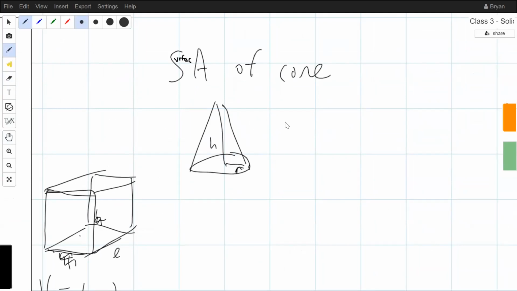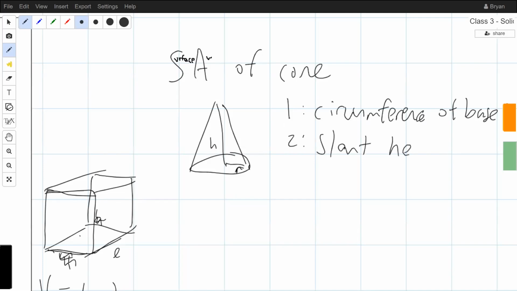Basically the method is, one, you need to find the circumference of the base. And two, you need to know the slant height. Slant height you can just find using the Pythagorean Theorem with the height and the radius.